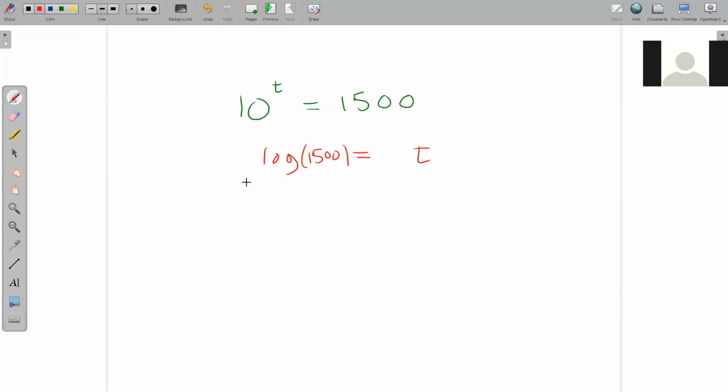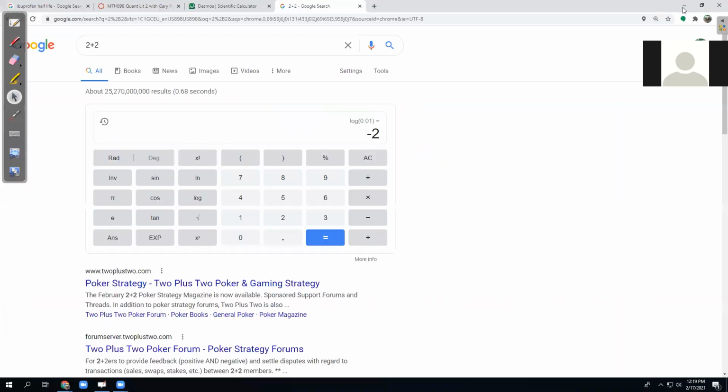So on a calculator, if I just type, hey, what's the log of 1500? It's going to tell me what t is. So I just want to do that and check it. Log of 1500. It says it's the power 3.17. Let's suppose we went 3 decimal places, 3.176. So I just want to check that. What is 10 to the power 3.176?